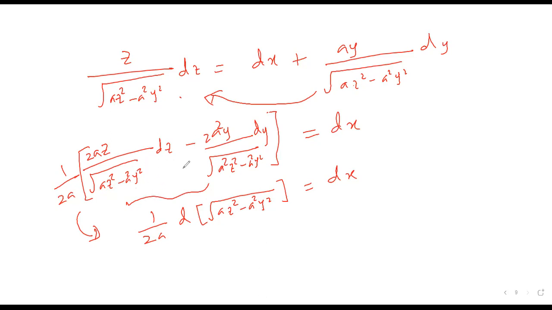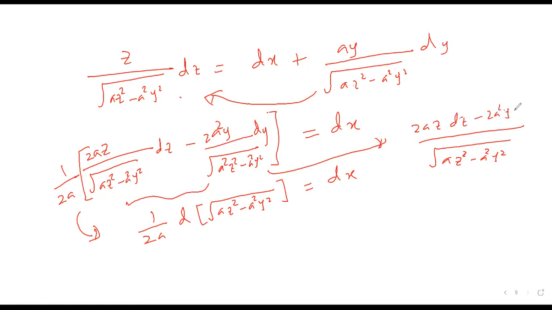So these two are common terms now. Since this is a linear function, I can take the common term a z squared minus a squared y squared, and then this will be 2az dz minus 2a squared y dy.